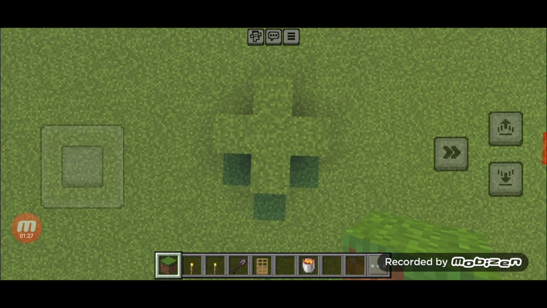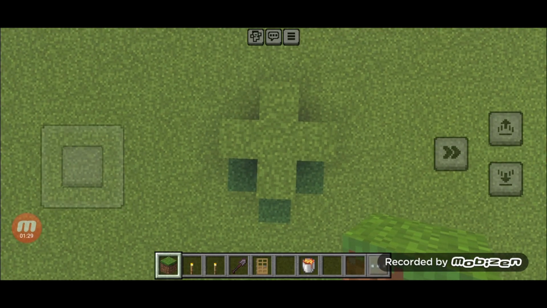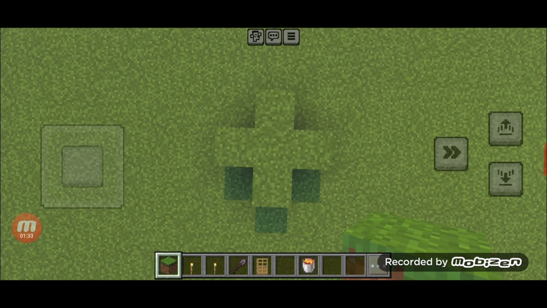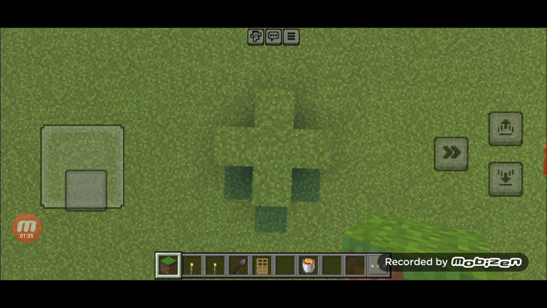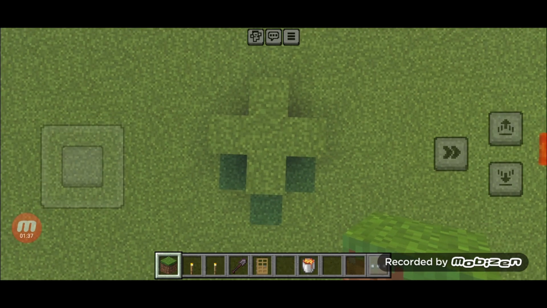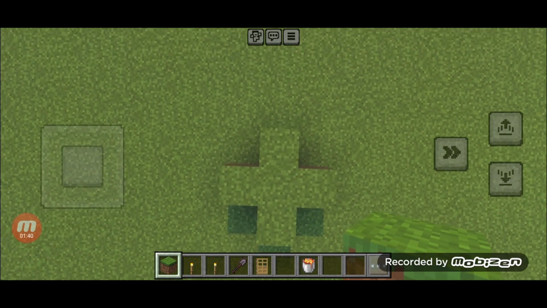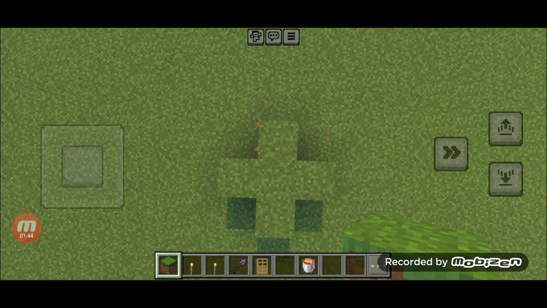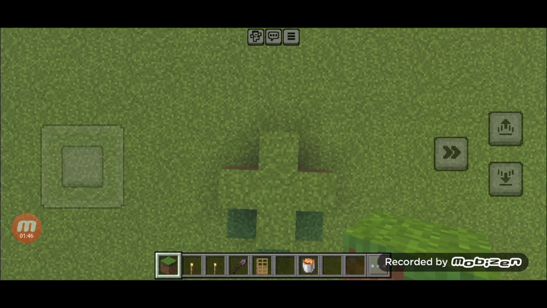So this block was the first in the queue, and then the blocks around it get processed. So the lava spreads to those blocks, and then let's say this block is next in the queue. So the blocks around this one get processed next.